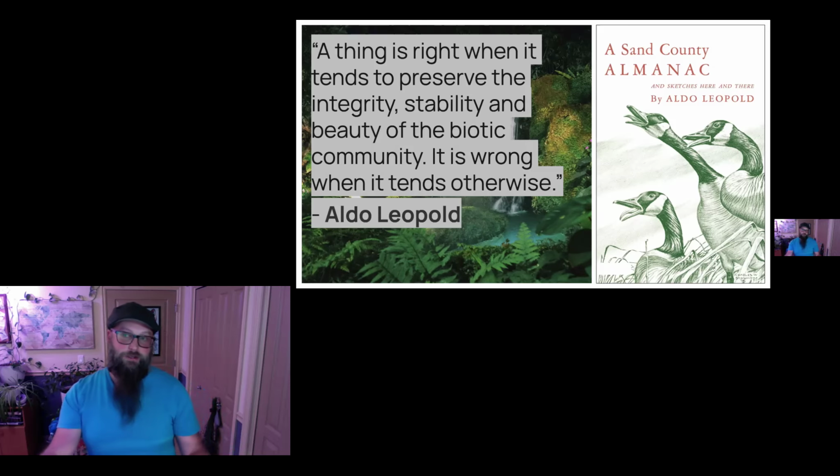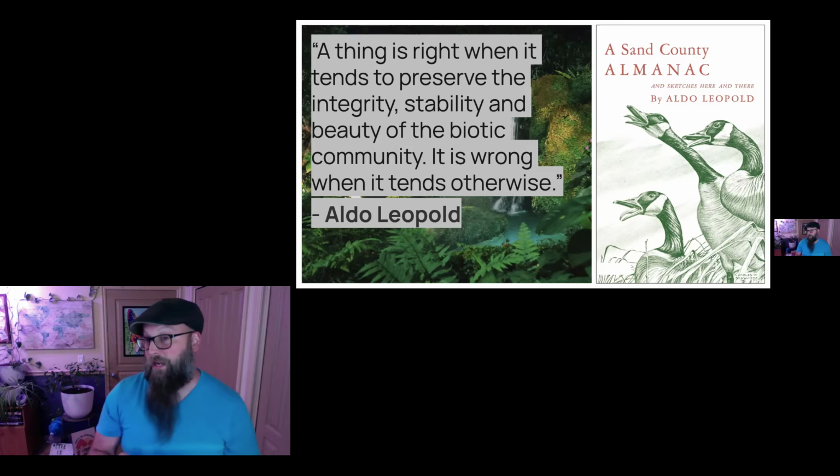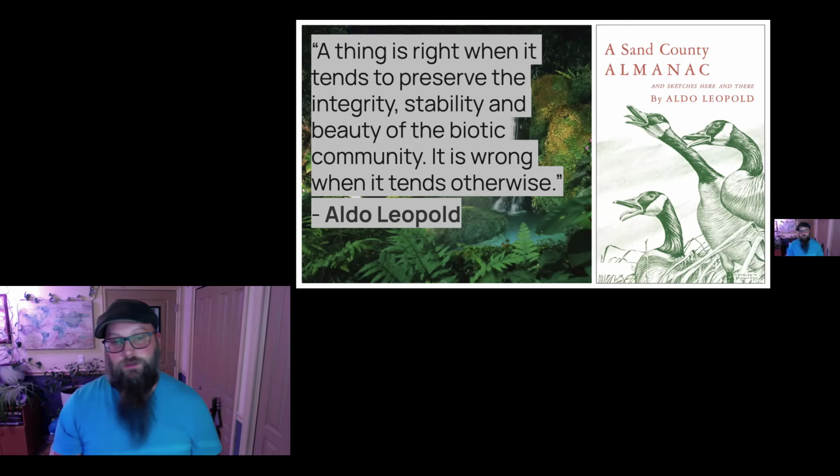This is the way I assess what's going on. Am I preserving the integrity, stability, and beauty of my biological community? Or am I doing something which maybe helps the plant but hurts the microorganisms? That's not going to be sustainable in the long term. Or maybe I try something and I know that it has these off-target effects.